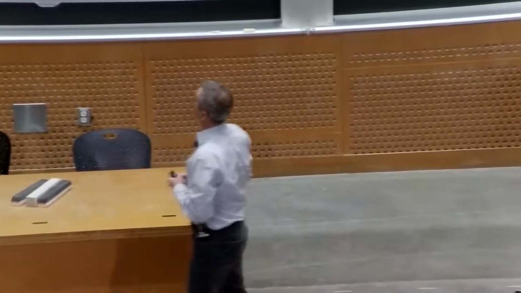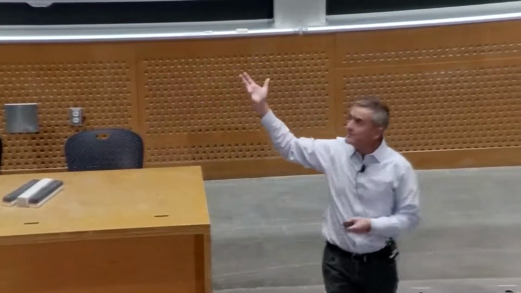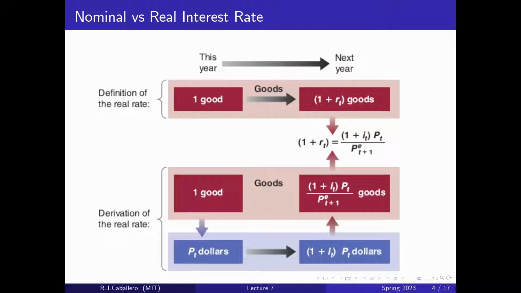The reason I made that clarification here is I'm going to derive the real interest rate, but that doesn't mean that the instrument exists. I'm saying, given a nominal rate that I see out there, how do I construct a real interest rate from that nominal interest rate? That's what I want to do here.